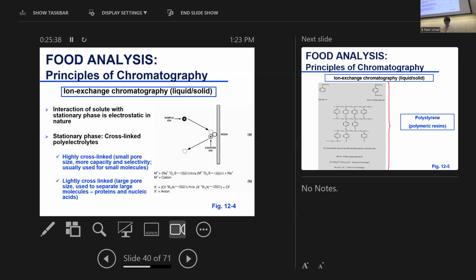Very good. That's what I want you to remember, because that's where students get confused. When I say cation exchange, and in an exam, I tell you, what is the charge on the stationary phase? What do some students say? Positive. Which is wrong. So you're exchanging positive ions.